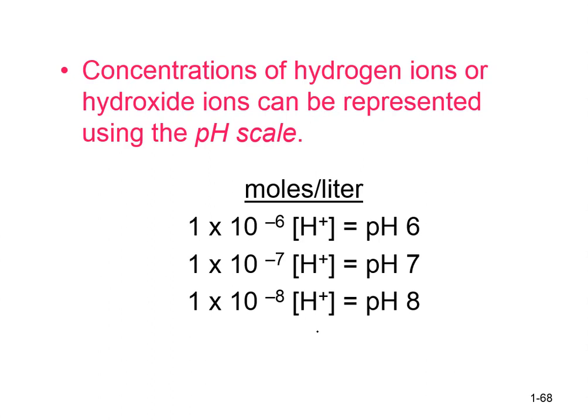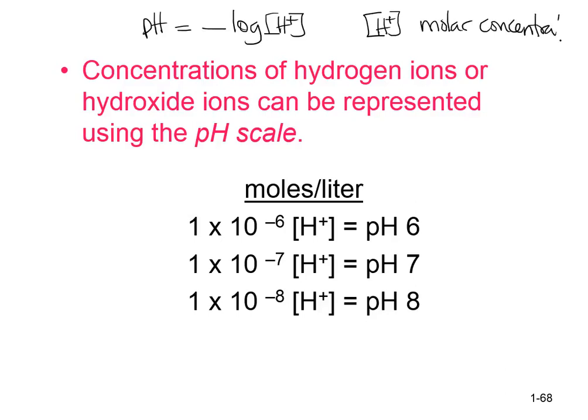Normally, the formula for pH is minus log of the molar concentration of hydrogen.